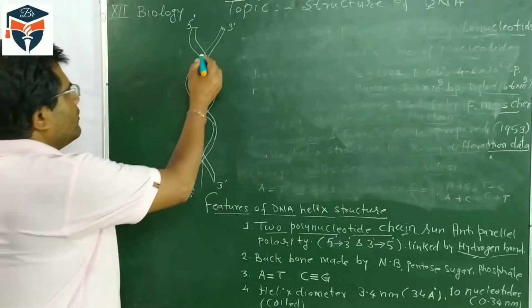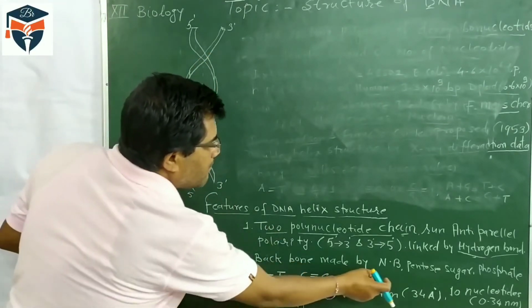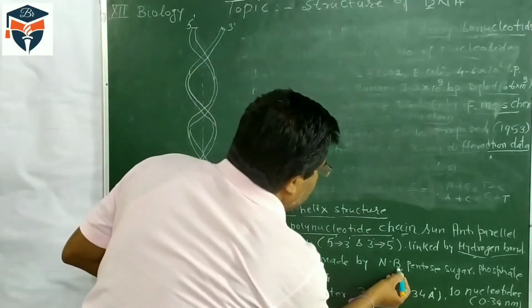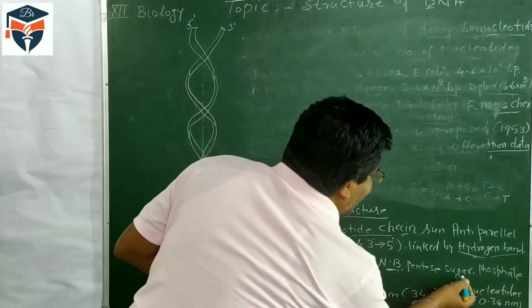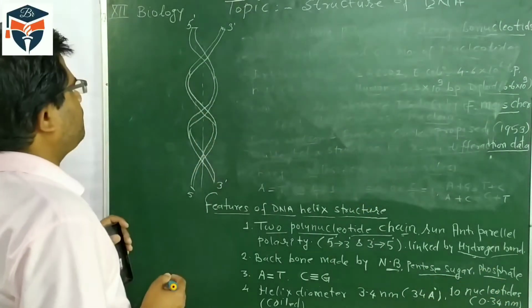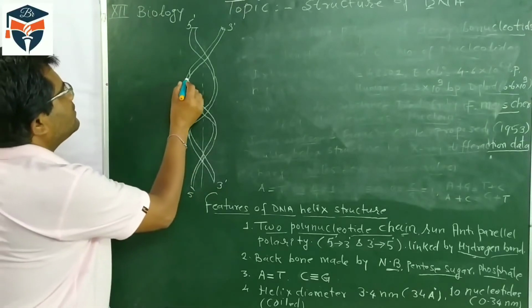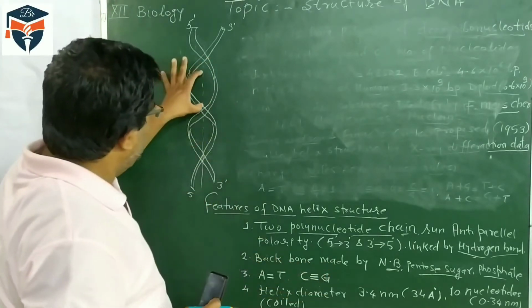Second, the backbone of DNA is made up of nitrogenous base, pentose sugar and phosphate molecule. So if you look at this backbone, what is DNA made up of?